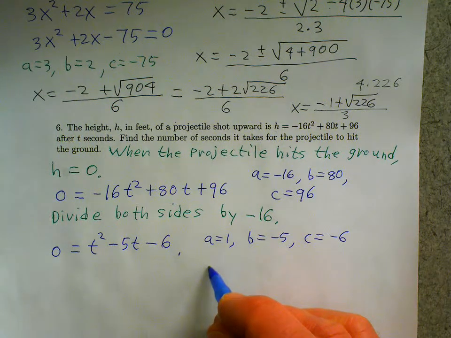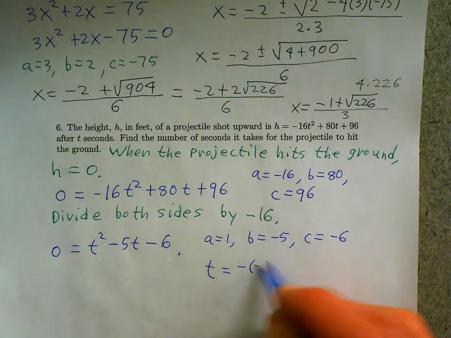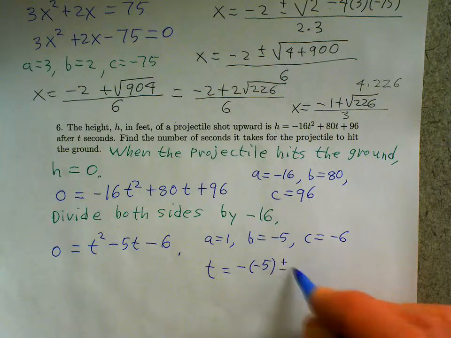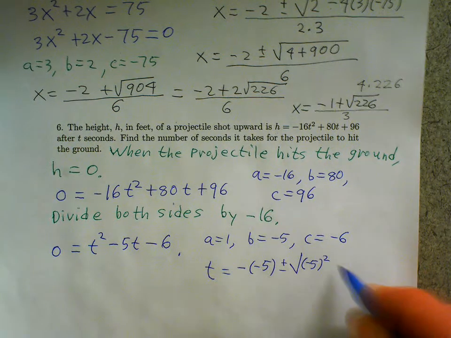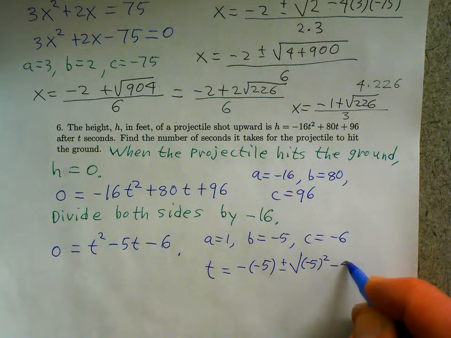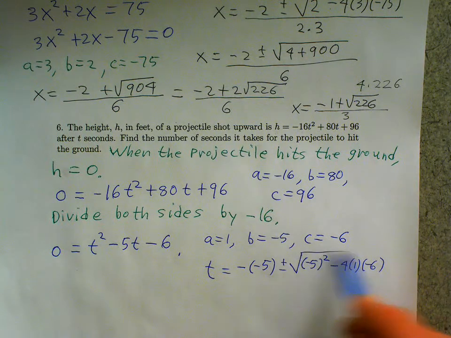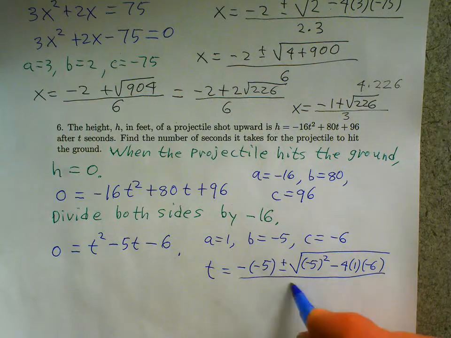So we write t equals the negative of negative 5, plus and minus the square root of the number negative 5 squared minus 4 times 1 times negative 6, all divided by 2 times 1.